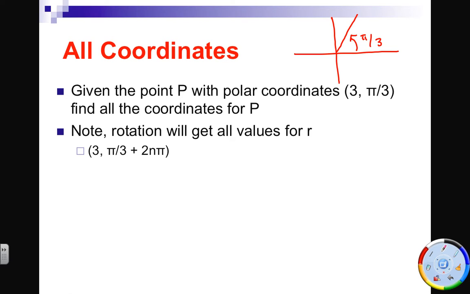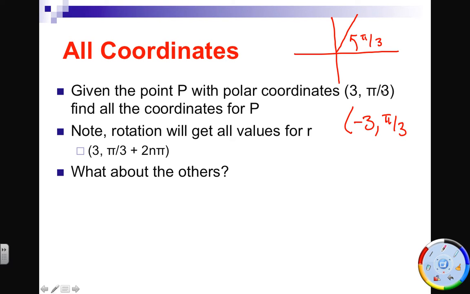But that's not all of them. There are others. What about if I had a (-3, π/3)? Well, negative 3 is going to actually be out here, but I could add 180, and this is going to look like this. I know it looks a little bit different, but for every (r, θ), here's what you need to do.